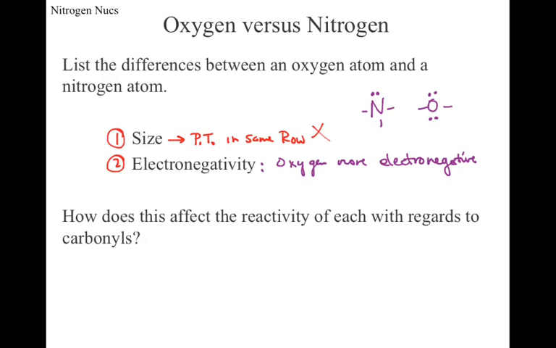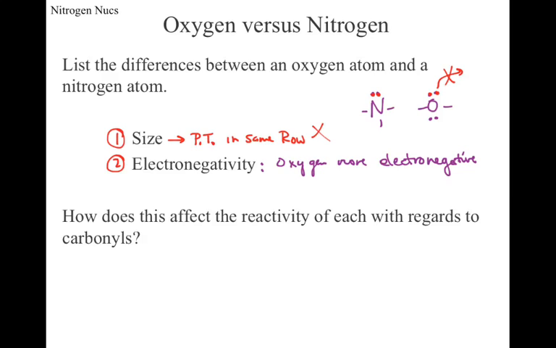That means that it is willing to hold its bonding electrons. So if we now go through and take a look at the likelihood of taking one of those lone pairs on each of those atoms, oxygen becomes less likely to share them because it wants its electrons.